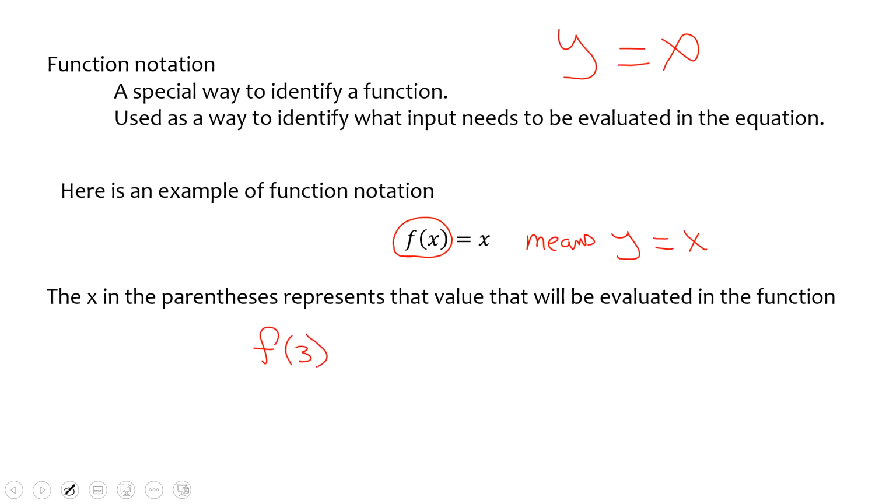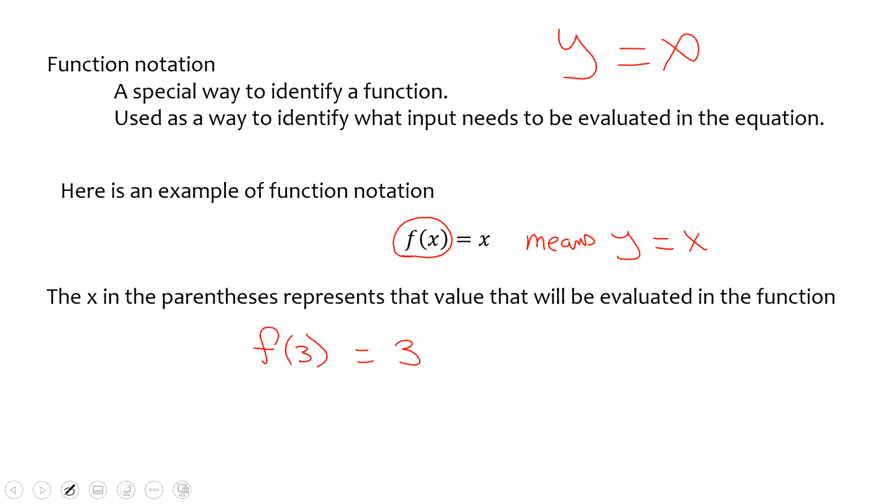What that means is we want to plug that 3 into that equation whenever we see an x. So in our example, f of x equals x, when we get f of 3 in parentheses, we know that the result is going to be 3.